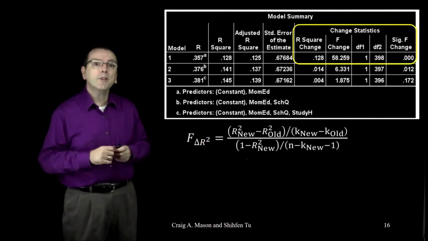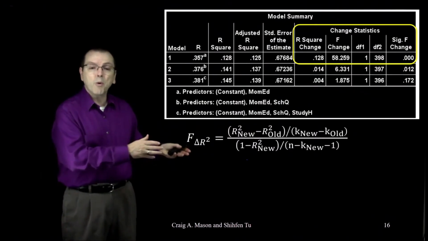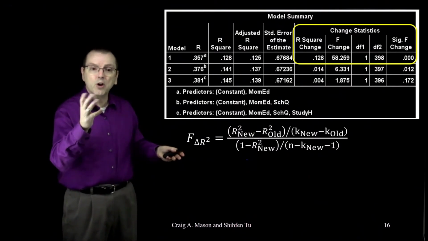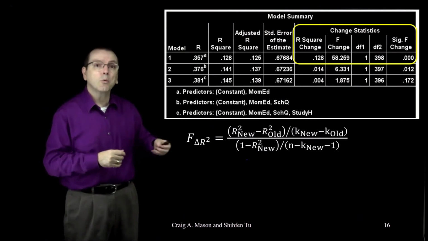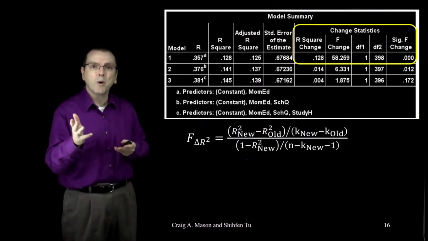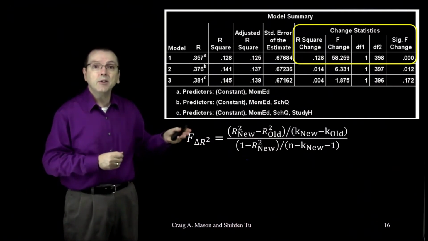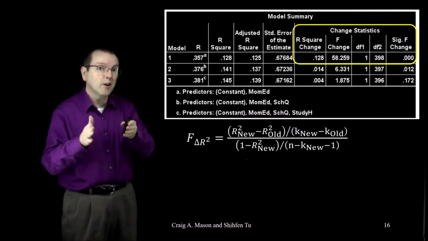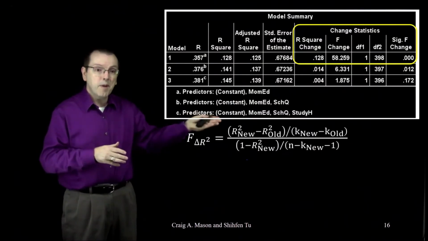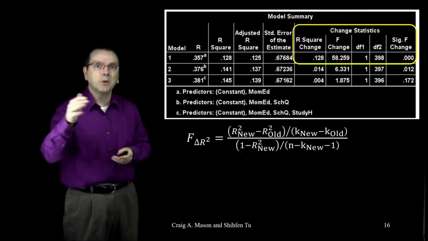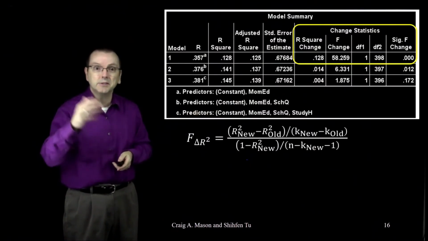The formula for the F-test for the change in R squared is the R squared new, the R squared for our current model, minus the R squared old, the R squared for the previous model, divided by K new, the number of variables in our current model, minus K old, the number of variables in the previous model.